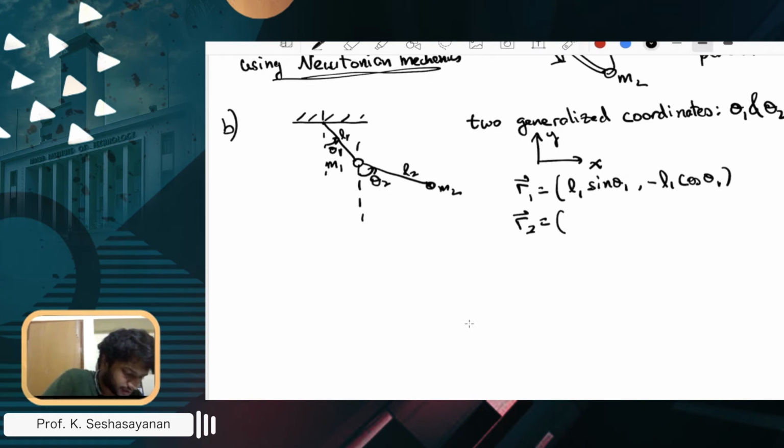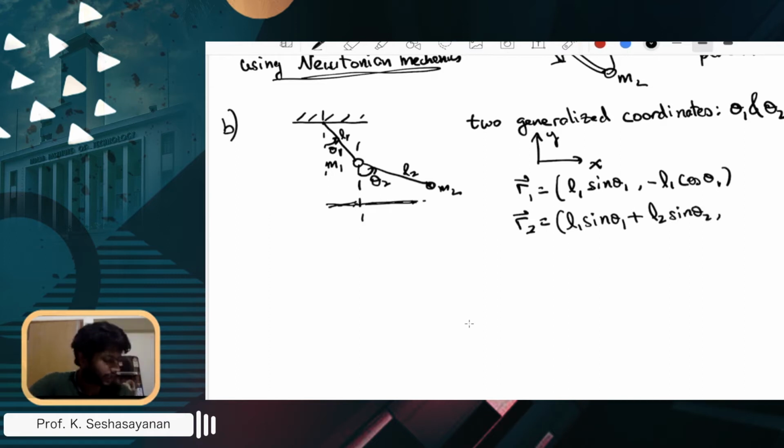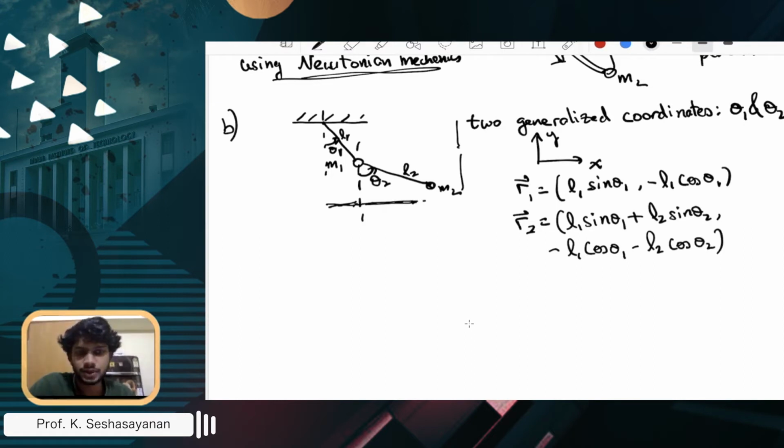Since the position vector is given by x1, so this distance plus this distance, you have L1 sin theta 1 plus L2 sin theta 2, and in the y direction again one has to take these two lengths, so you get minus L1 cos theta 1 minus L2 cos theta 2.